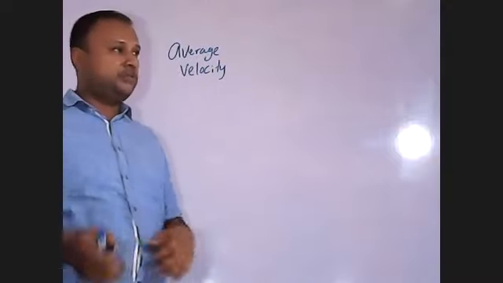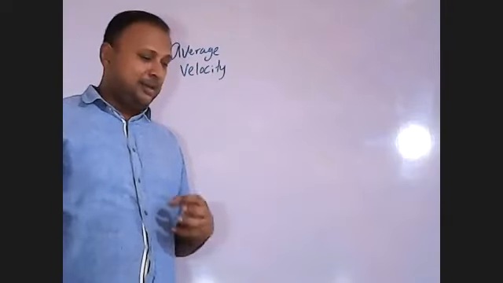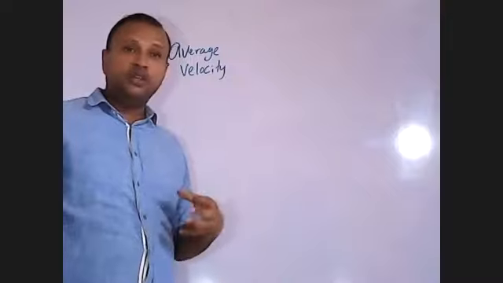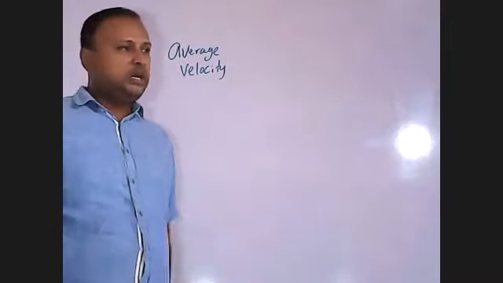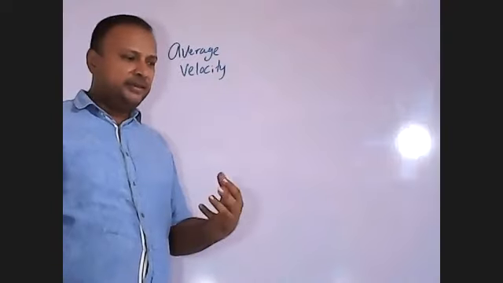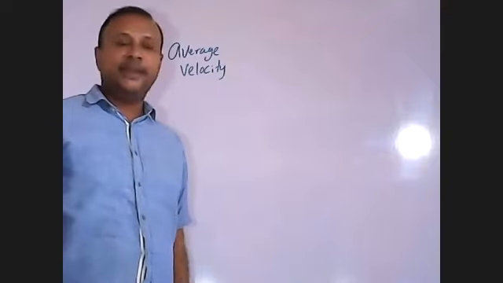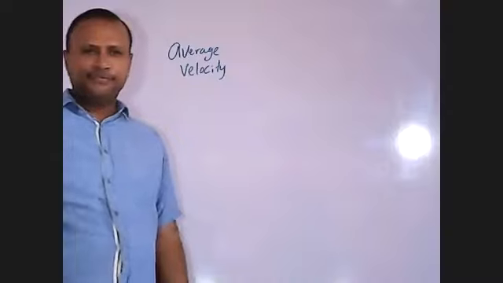Suppose the velocity of an object is varying. If the velocity of an object is varying, that means it is not a constant. Therefore, we have to define an average velocity for that object. So what is the definition of average velocity?